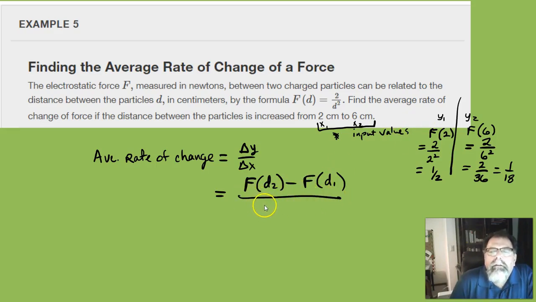Over d2 minus d1. So f of d2, remember, is 6 and 1/18. So the output value is 1 over 18 minus 1/2. That's our output values. And then the input value is 6 minus 2.